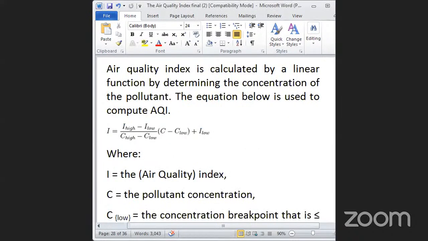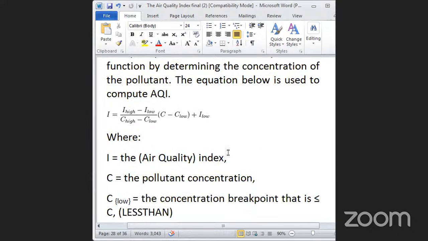I equals (I high minus I low) divided by (C high minus C low), times (C minus C low), plus I low. So here I means the air quality index.